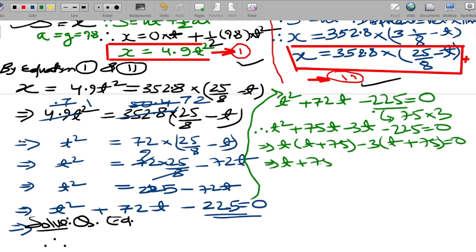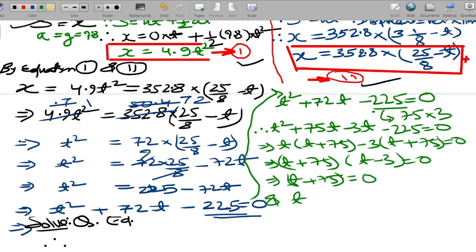So t plus 75 and t minus 3 are multiplied to equal 0. Since on the LHS we have two products, either of them is equal to 0. So when t plus 75 is equal to 0 and t minus 3 is equal to 0, we get t equal to minus 75 seconds from the first bracket, and from the second bracket we get t equal to 3 seconds.